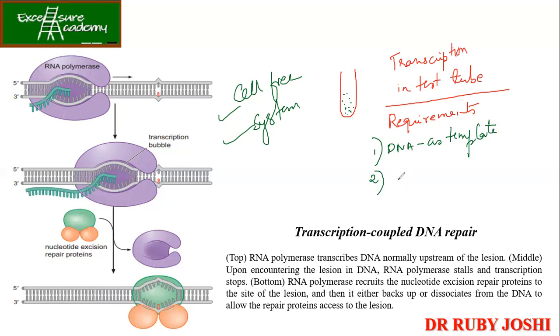We need tRNA. This is transcription, not translation. Oh, sorry. Yes. One negative mark. Then what else will be needed? Of course, RNA polymerase. Then to make mRNA, what else will be needed?